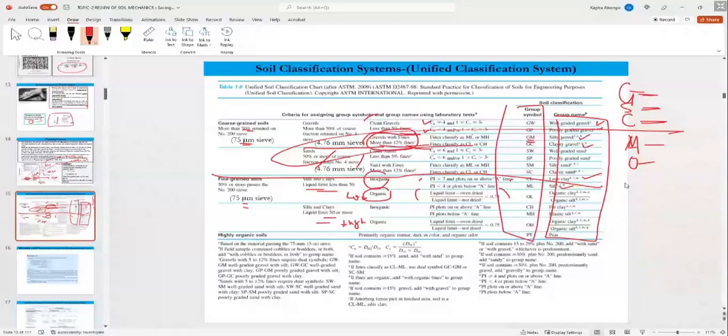L is low, H is high, and W is well. GW is well graded gravel. GM is silty gravel. GP is poorly graded gravel. GC is clayey gravel. Make sense, Humphrey?